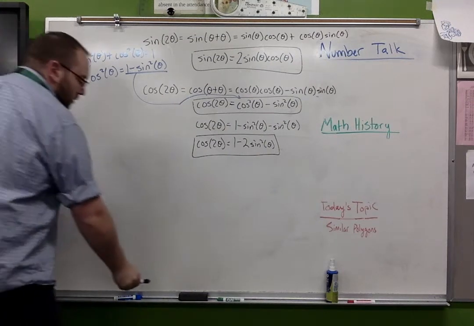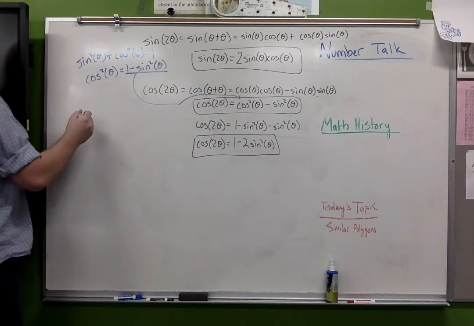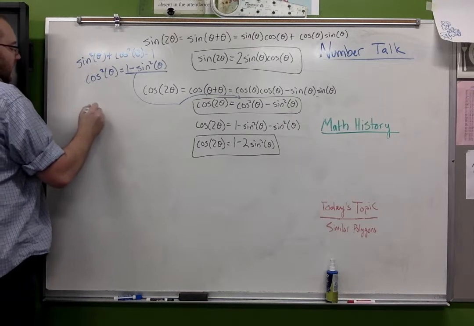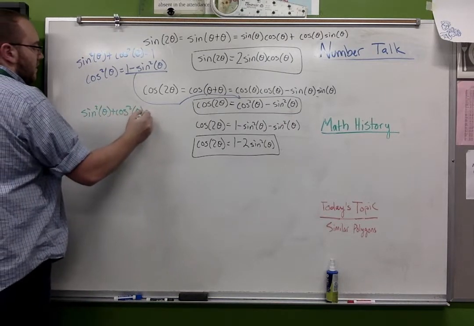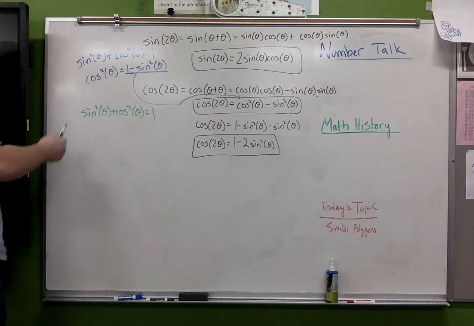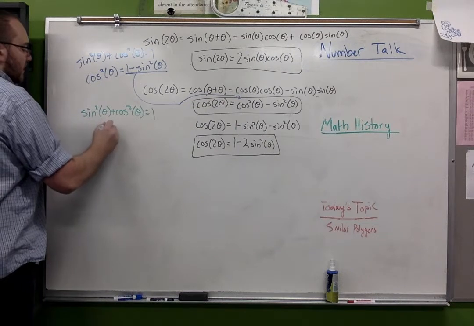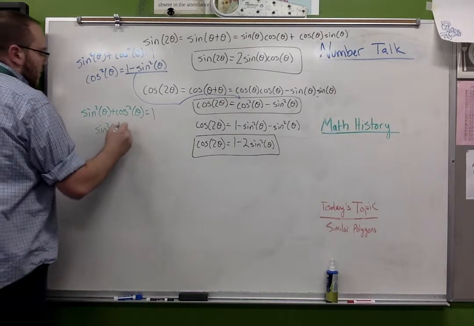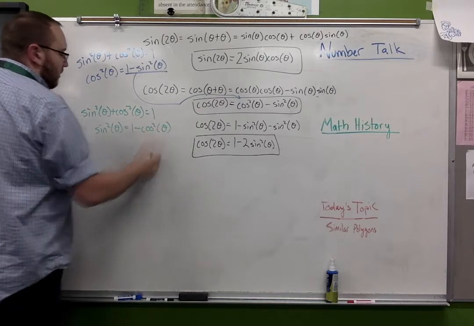And then we got one more. So once again, come back to our Pythagorean identity. Sine squared of theta plus cosine squared of theta equals 1. This time, instead of subtracting sine, what if I subtract cosine? So sine squared of theta equals 1 minus cosine squared of theta.